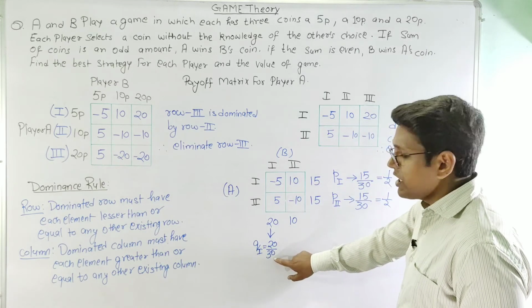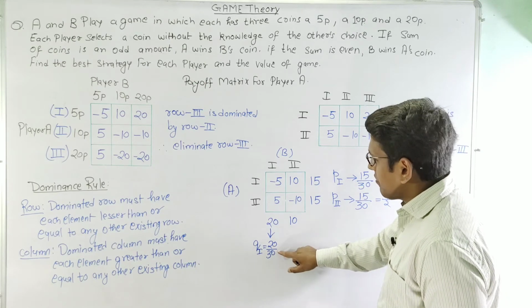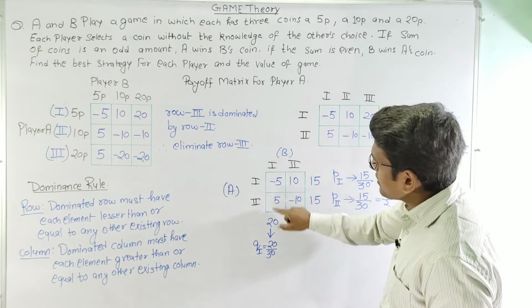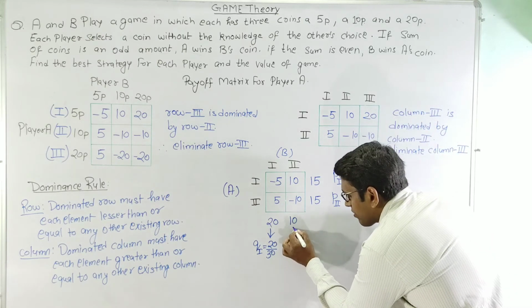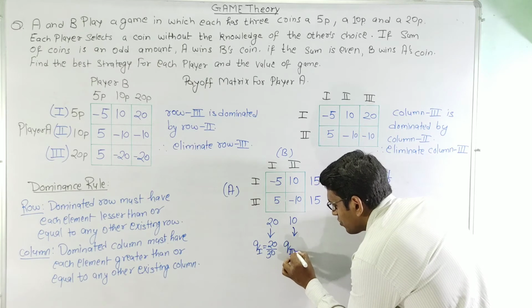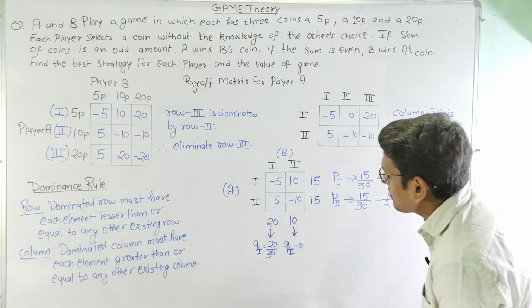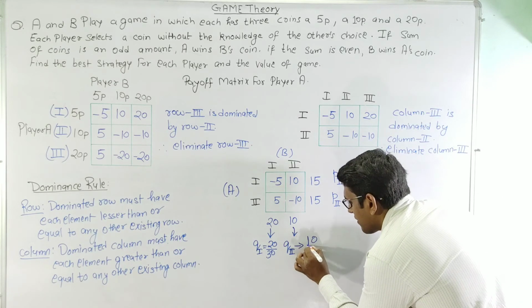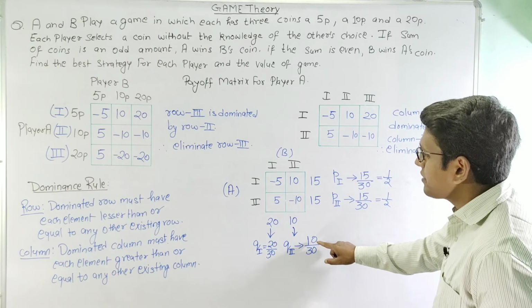So 20 by 30, or we can say 2 by 3, is the time for which player B will play strategy 1. Similarly, for strategy 2, we will calculate the probability of player B playing strategy 2, and this is 10 divided by 10 plus 20, which is 10 divided by 30, or we can say 1 by 3.